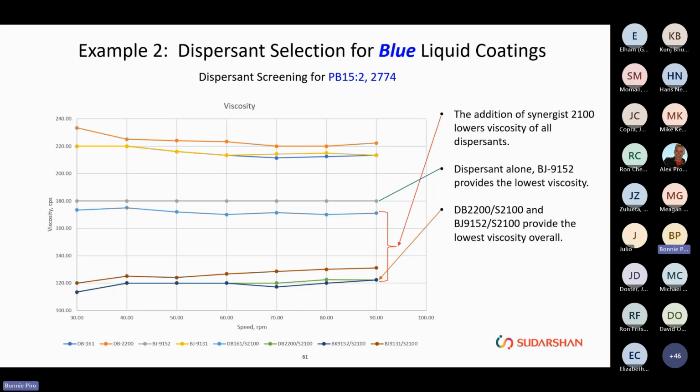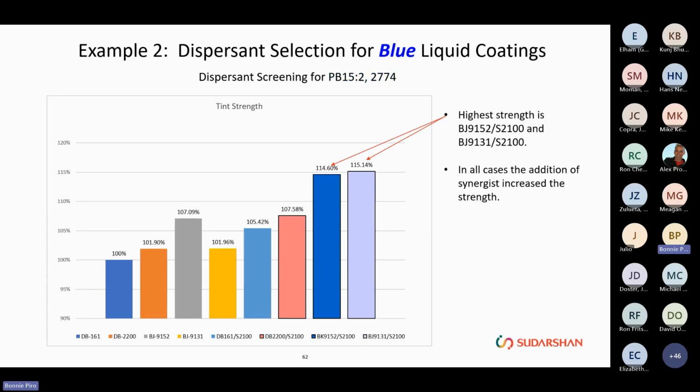In this particular chart is the viscosity. So we see some differences in each of these, and ultimately we see the best type of response with these types of formulation.